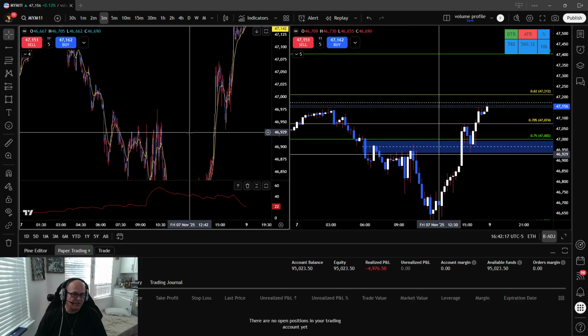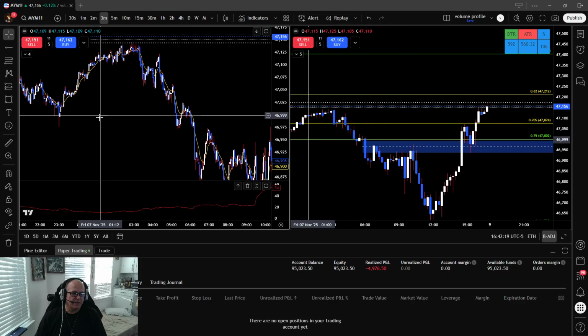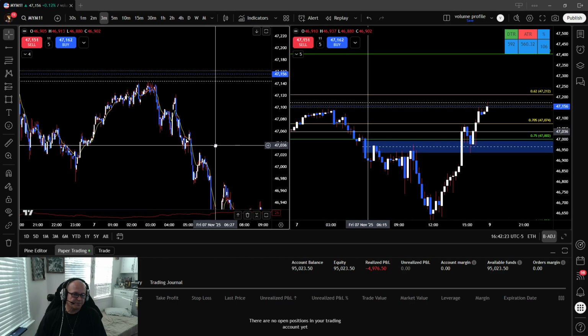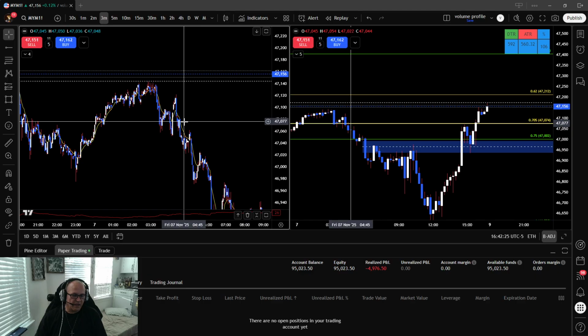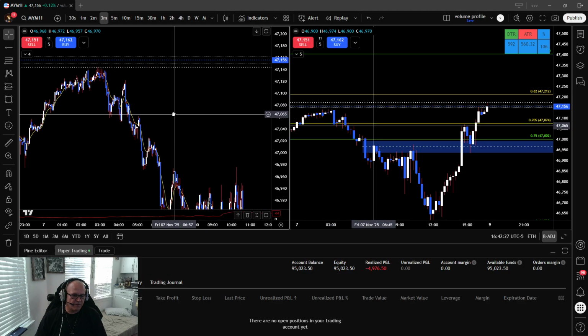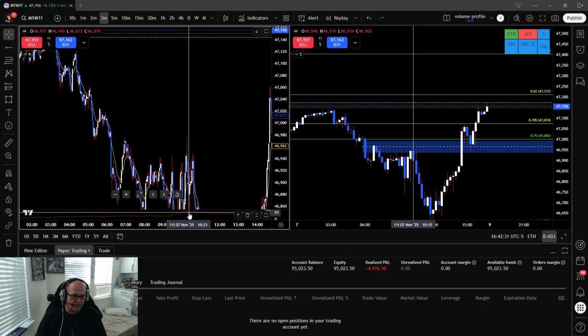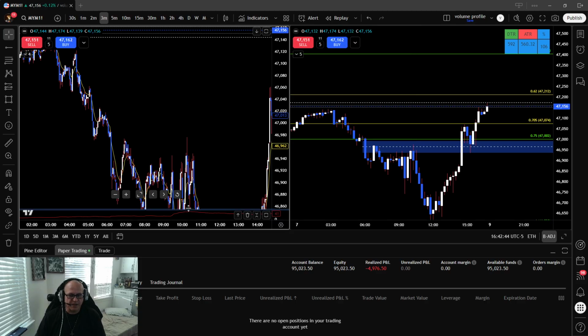So let's take a look at our entry chart at 10:15. Around 10:15, we were right around the 50 ATR, so I'm okay trading this on the 3 minute.